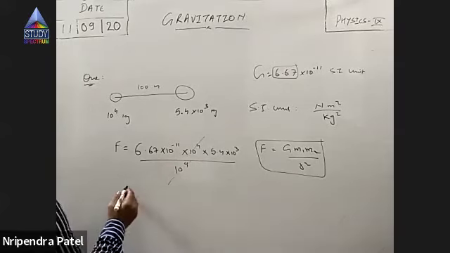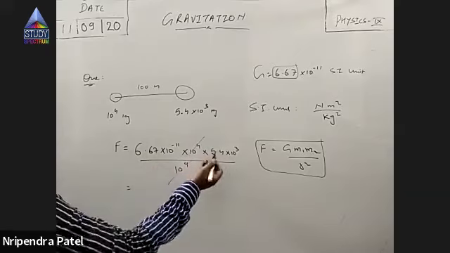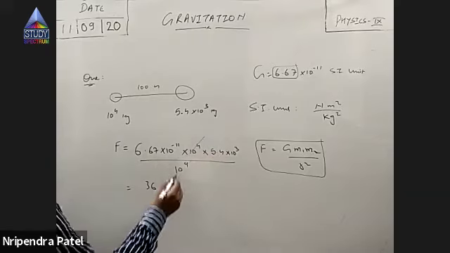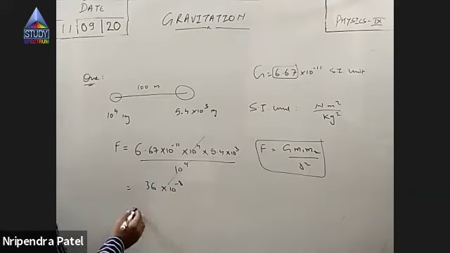This gets cancelled. This is 20 by 3. So 36 into 10 raised to minus 8, so 3.6 into 10 raised to minus 7 Newton. That's the answer. So the force of attraction between the two masses is 3.6 into 10 raised to minus 7 Newton.